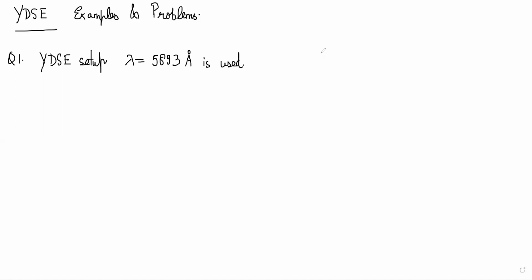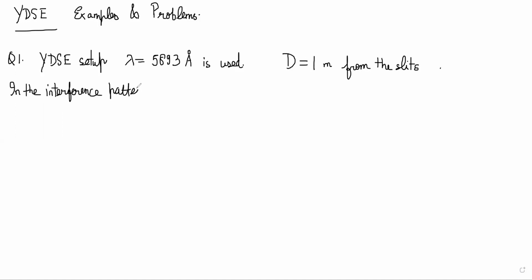The interference pattern is obtained on a screen which is at a distance of capital D is 1 meter from the slits. Now in the interference pattern, the tenth bright fringe is located at a distance of 12 millimeter.